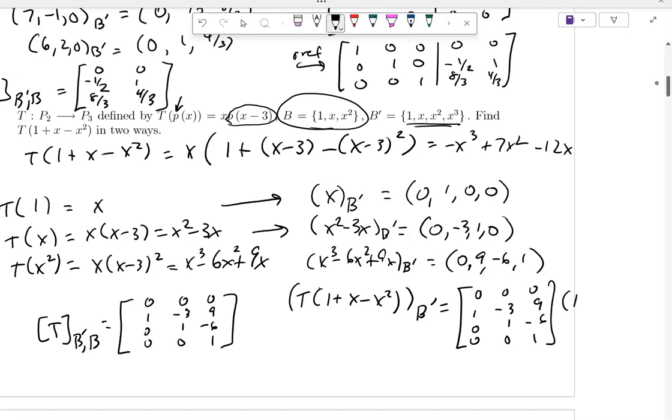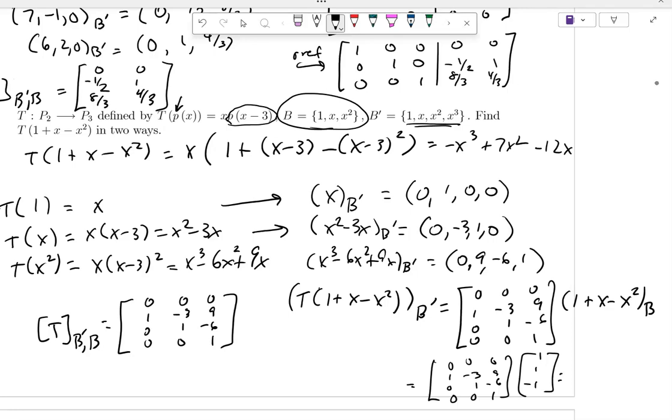I'll write it this way, and we'll change it in a second. Matrix times coordinate vector here, not B prime, that's a B. Sorry, the coordinates of your input vector relative to the input space. What is the coordinate vector in this case? Yeah, 1, 1, negative 1.